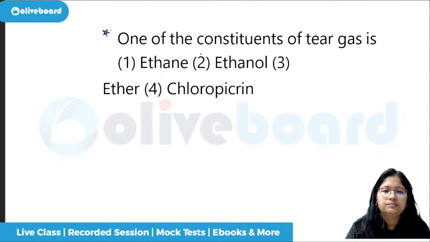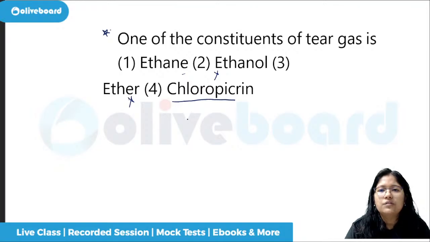Read the question. One of the constituents of tear gas is. So tear gas, it consists of what? It consists of ethane, ethanol, ether, sweet smelling, or chlorpyrene.